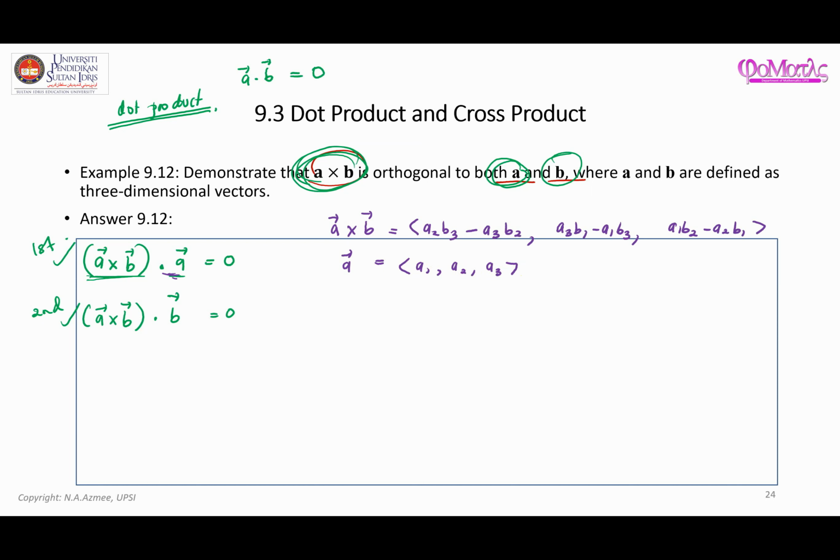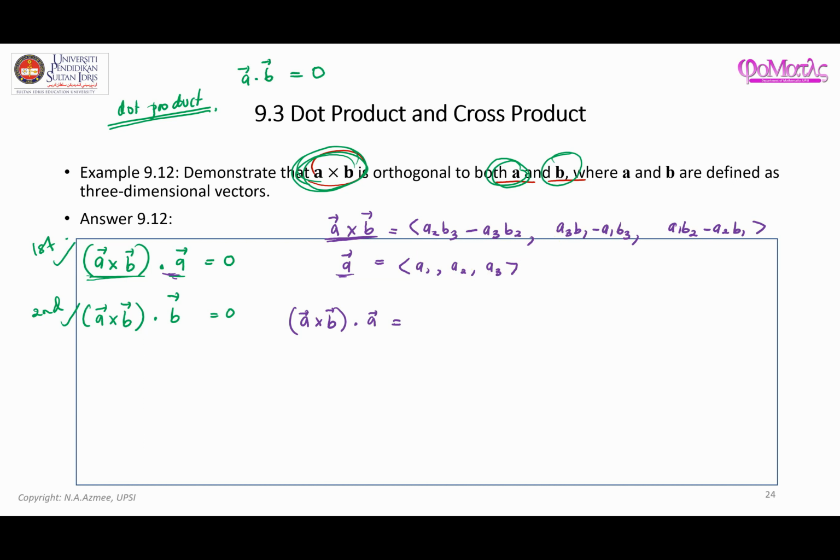So what happens when you find the dot product of this with this? The result will be, according to what you have seen before, we multiply the components accordingly. The first component with the first component, then plus the second component with the second component, plus the third component with the third component.